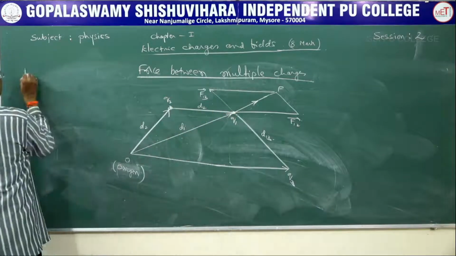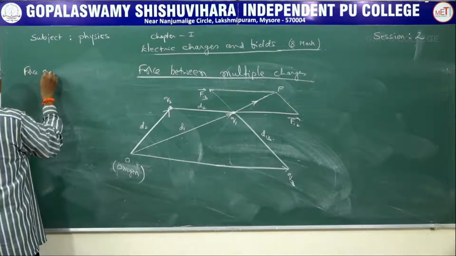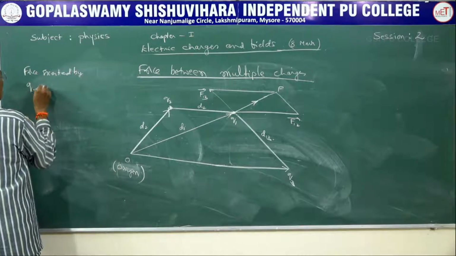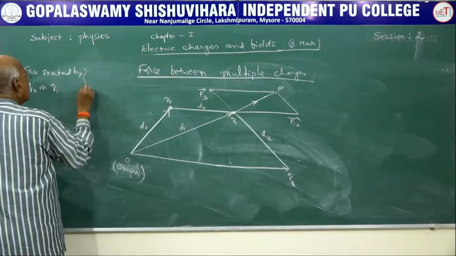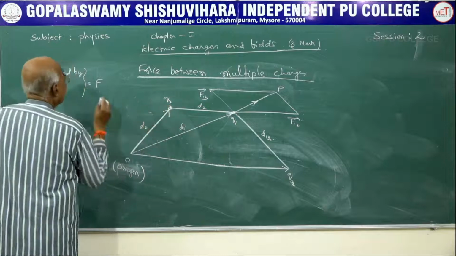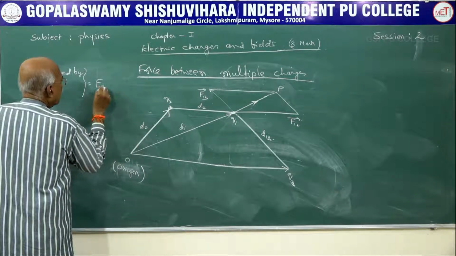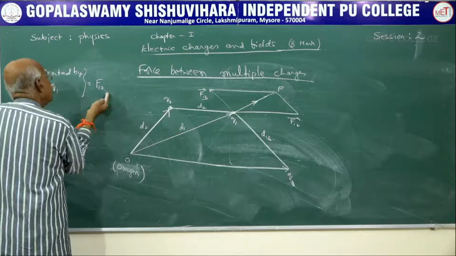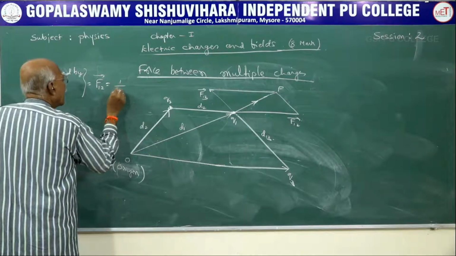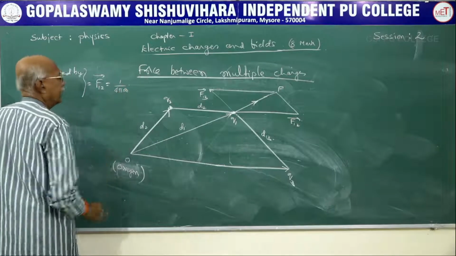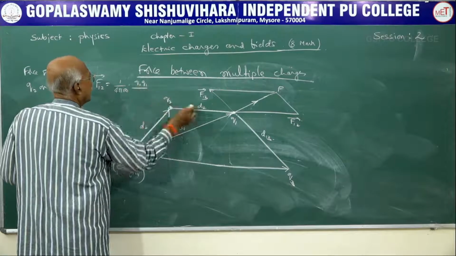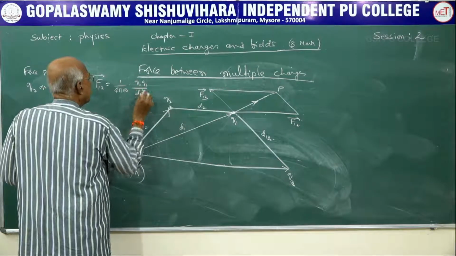Force exerted by Q2 on Q1. If you represent it as the force exerted by 2 on 1, therefore this is F12. The charge Q2 is exerting force on Q1, so this is equal to 1 over 4 pi epsilon naught, the value of the charges Q2 Q1, and the distance between them is D12 squared.